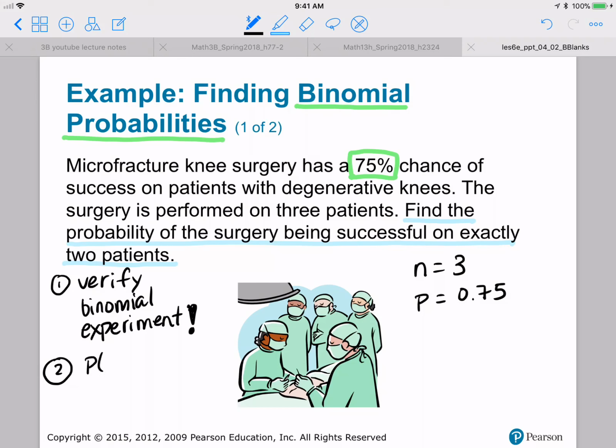We want to find the probability that x equals 2. Because remember, x could be 0, 1, 2, or 3. X keeps track of how many successful surgeries there were. We want to find the probability that x is equal to exactly 2.